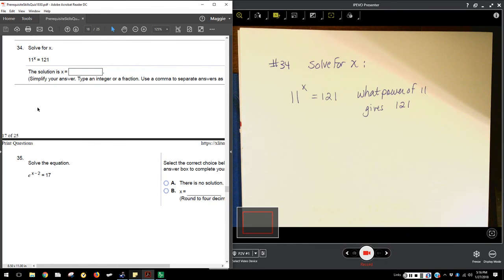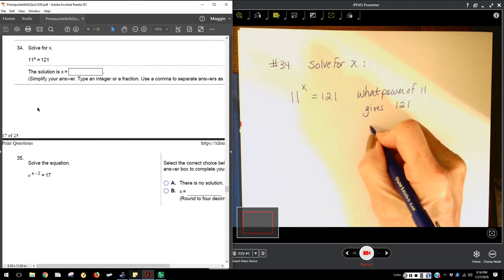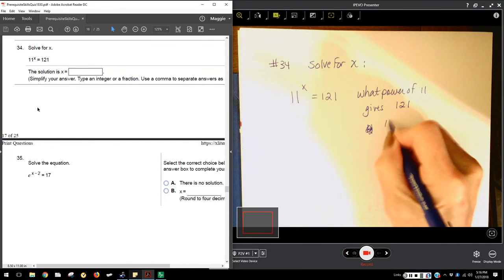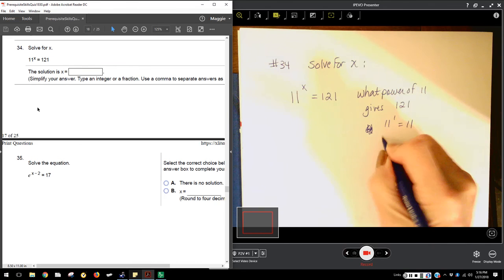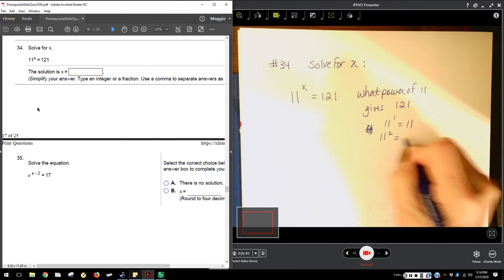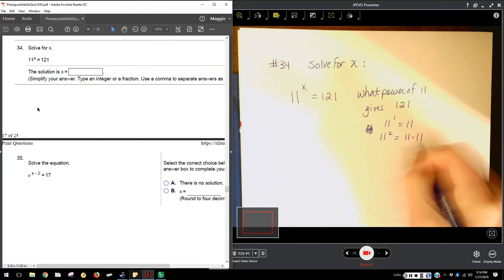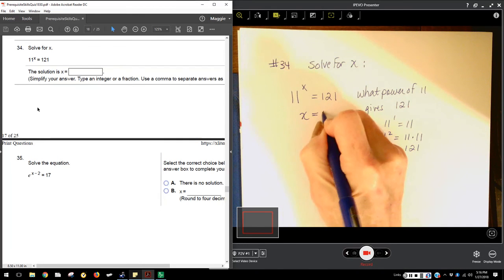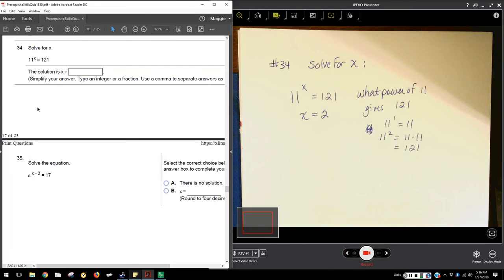And that's easily answered by nothing more than trial and error. 11 to the first power is simply 11, but 11 to the second power is 11 times 11, which is in fact equal to 121. So the answer here is that x equals 2. 11 to the second power gives you 121.